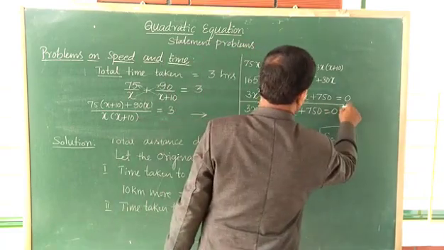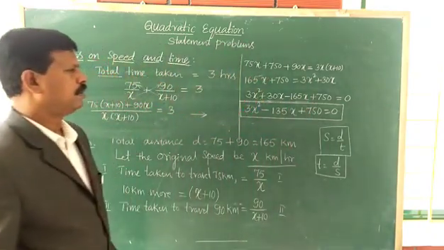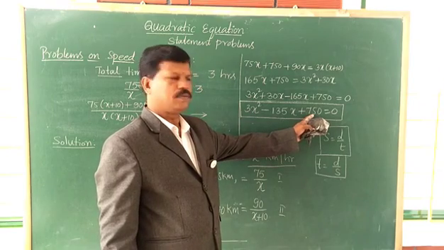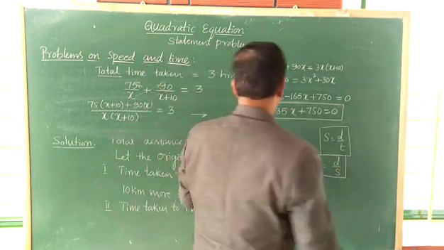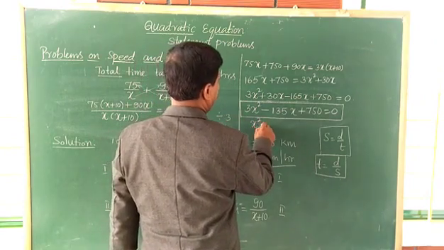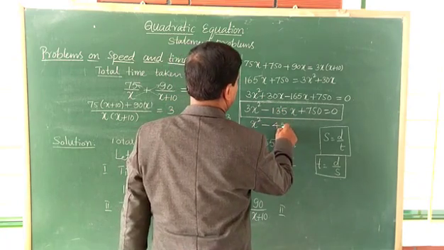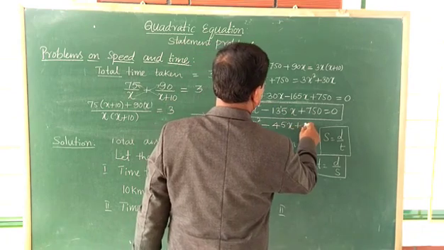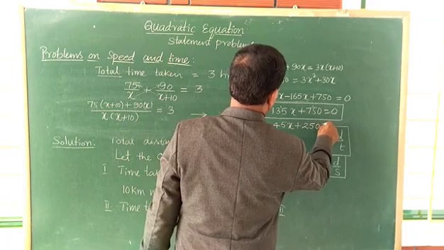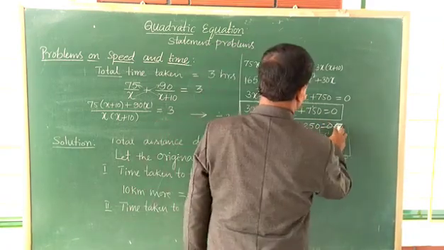So here is the standard form. Now, is it possible to divide this by 3? Dividing by 3, what are you going to get? x square minus, 3 4s are 12, 1, 3 5s are 15, 45x, plus, 3 2s are 6, 1, 3 5s are 15, 250 equals 0. Now the simplest equation form is this.